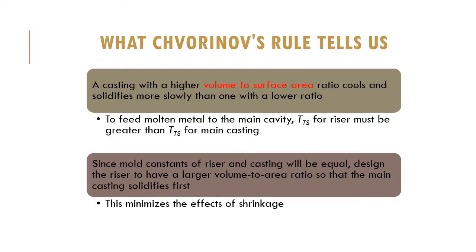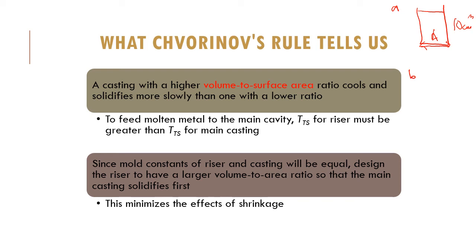So what does the Shvorinov rule tell us? A casting with a higher volume to surface area ratio will cool and solidify more slowly than one with a lower ratio. Let's see an example. Let's say the volume is the same, but the cross-sectional area of this cavity A is this one, with a volume of, say, 10 cm cubed.